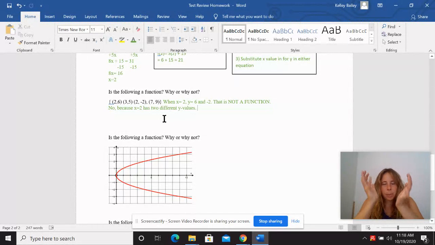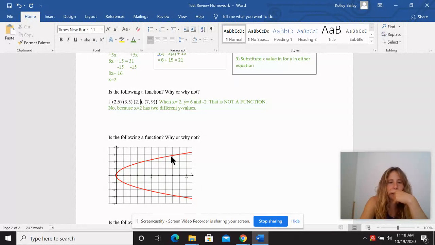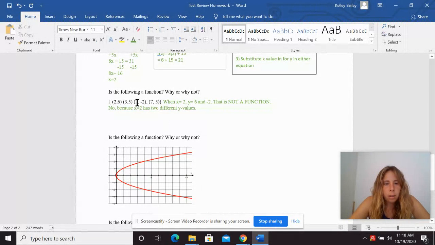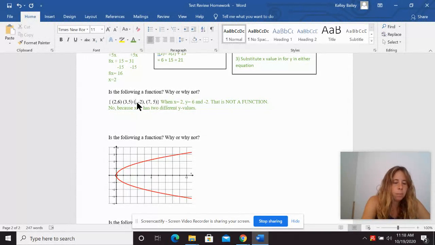Every x value has to be related to only one y value. But the x values can have the same y values. So like, what if this was, oh, it's still not going to be a function. Hold on. What if this was 5? And this was 1.